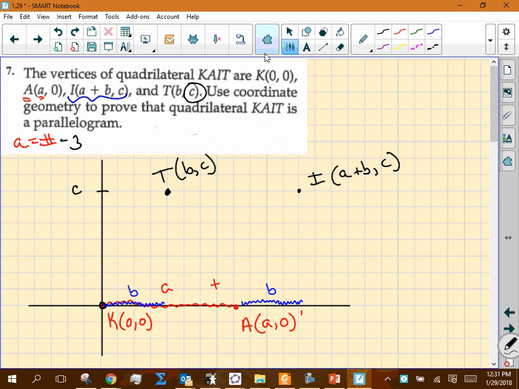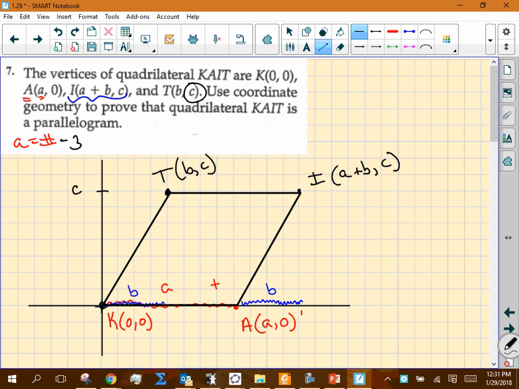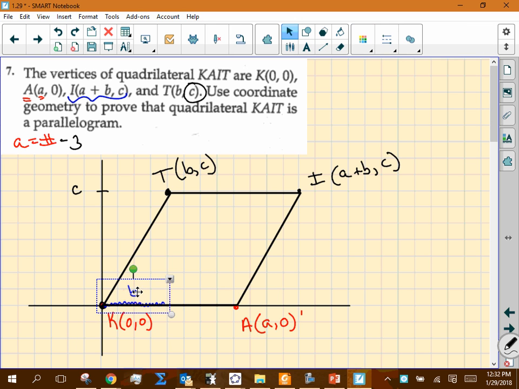Now we've got that set of vertices to where if I connect them, K to A to I to T, and then T back to K, you get that shape, right?